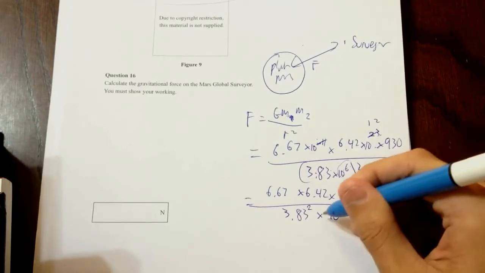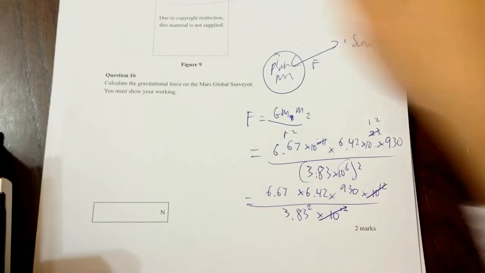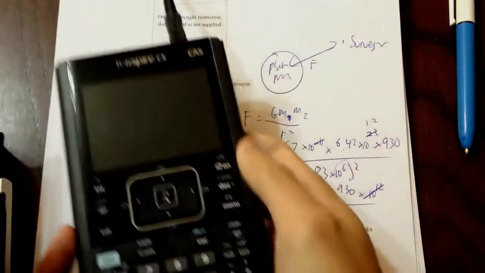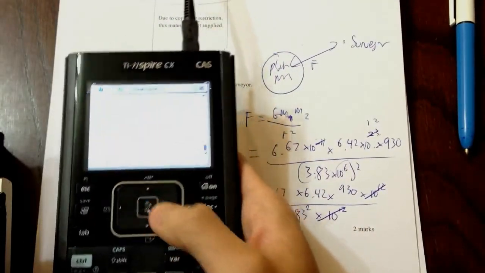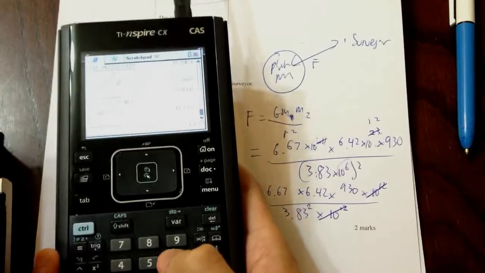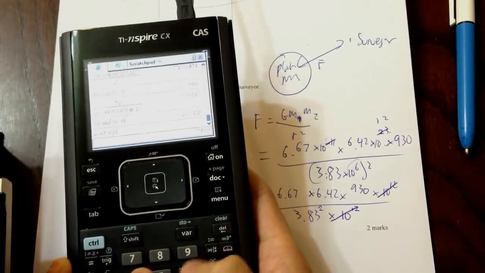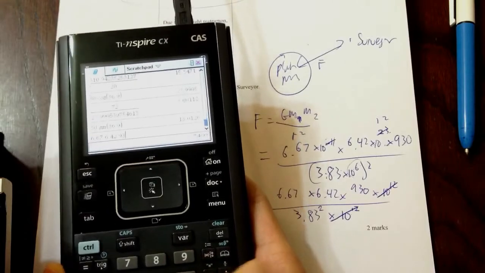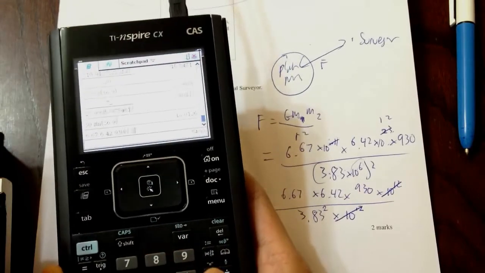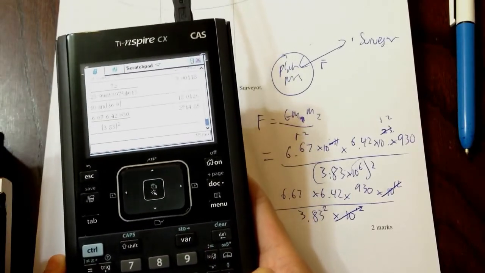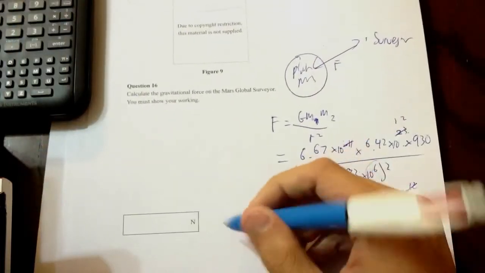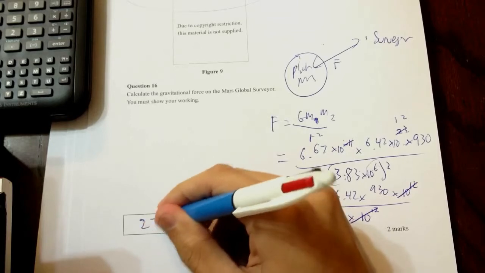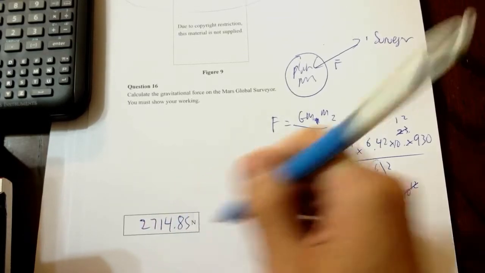Now you can cancel that and that. Much easier, because I don't like working with big zeros on calculators. I usually make mistakes. 6.67 times 6.42 times 930 divided by 3.83 squared equals 2,714.85 newtons.